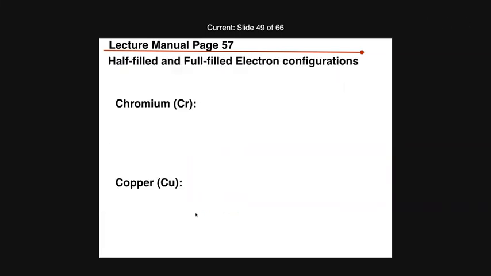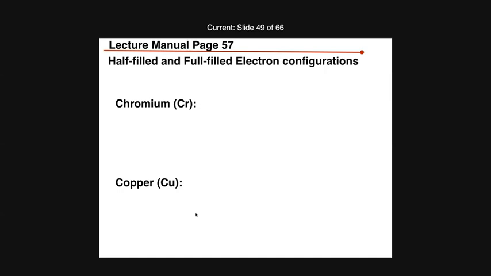All right, so the next thing we are going to take a look at is the exceptions to the electron configuration. We're going to look at two exceptions. One is chromium, the other is copper. When you are writing the electron configuration for chromium and copper, you are going to need to use the periodic table.